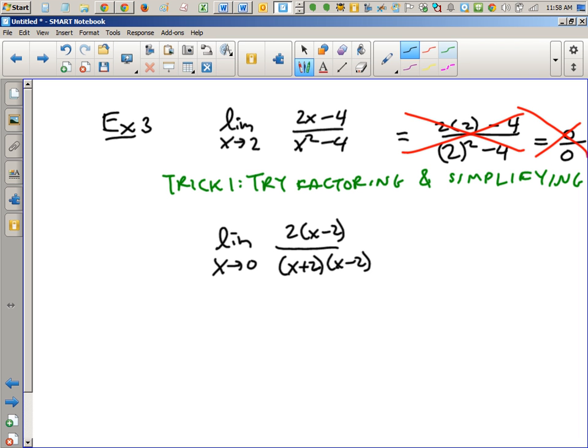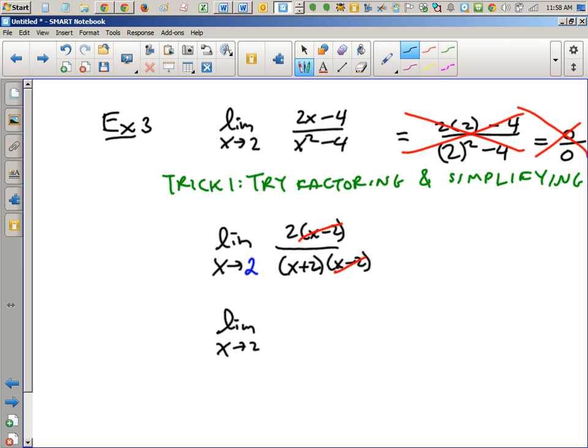And sometimes you realize, wait a minute. Oops, I meant to put a 2 here. Sorry about that. You realize, wait a minute, this x minus 2 cancels out anyway, right? So you cancel it out like this. And then you look at the problem, you ask, can I plug in the 2 now? See?